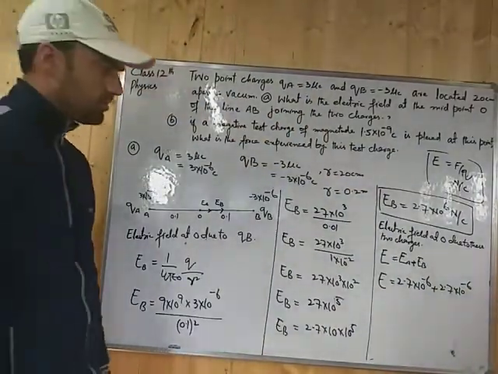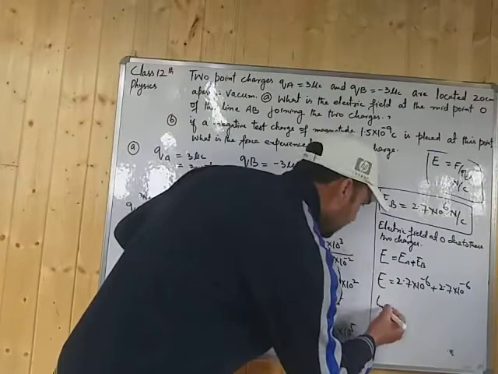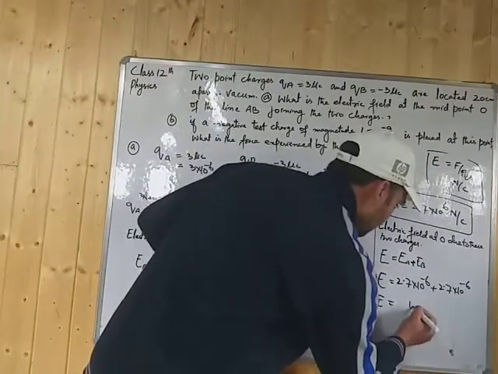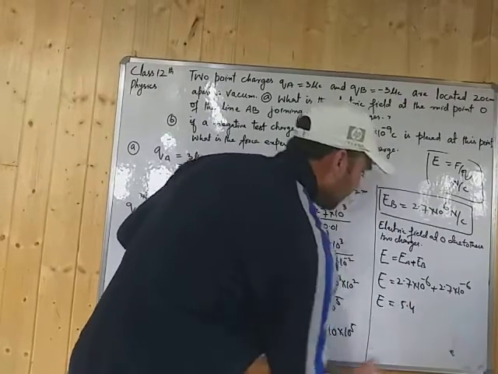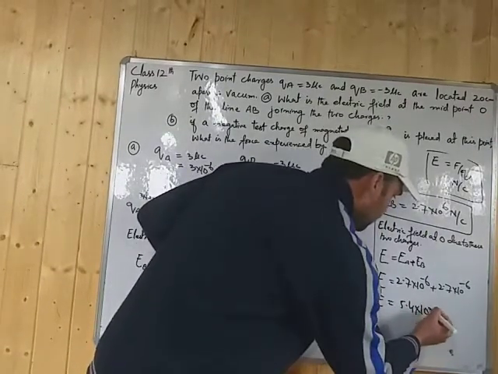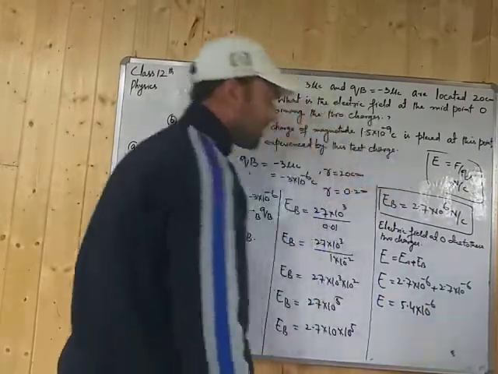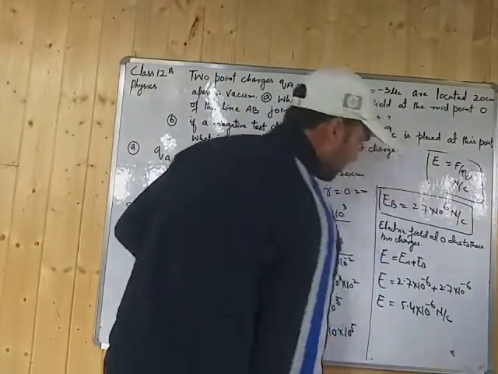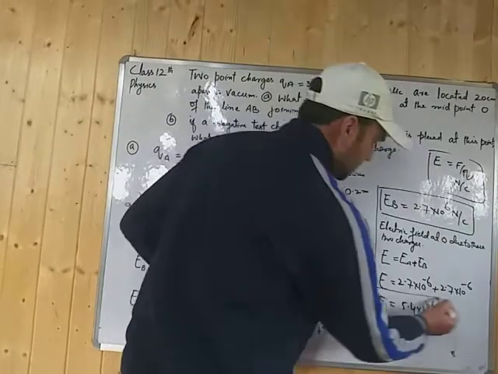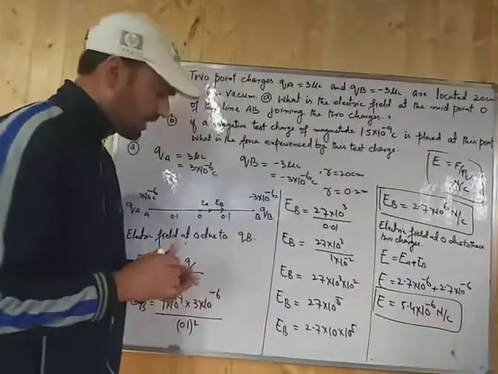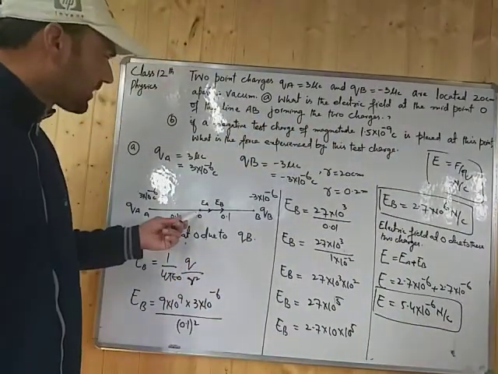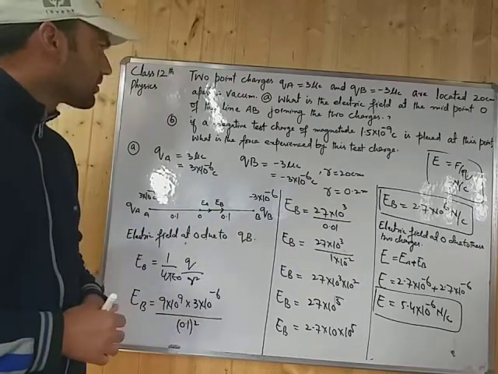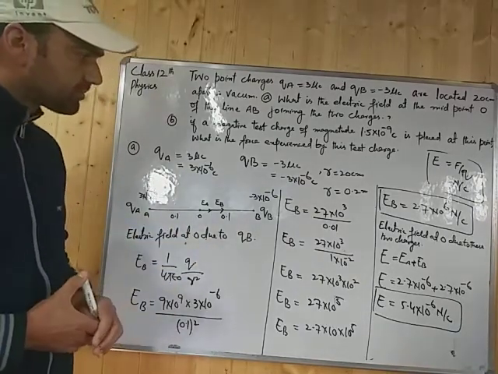So E is equal to 4.5 into 10 raised to power minus 6 Newton per coulomb. So this is the electric field at point O, at the center of the line joining the two charges. So it was the first part of the numerical.